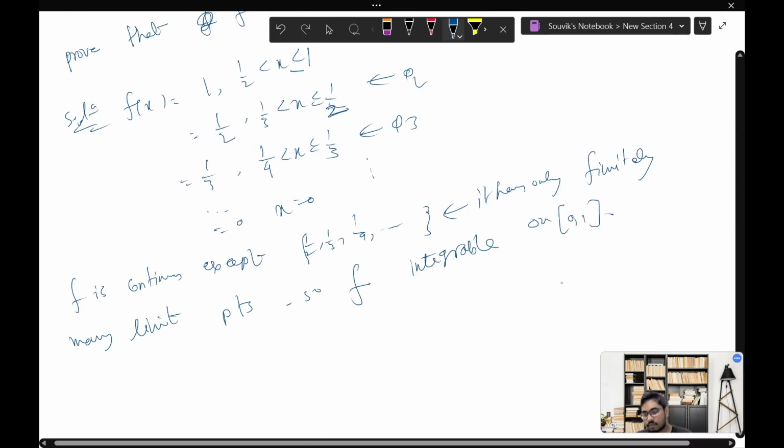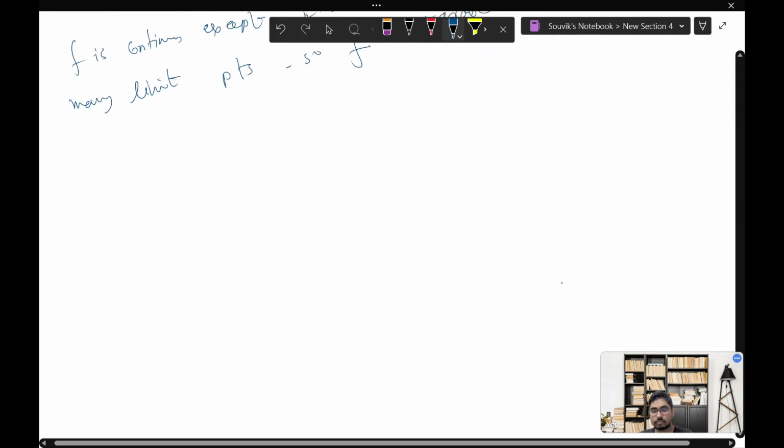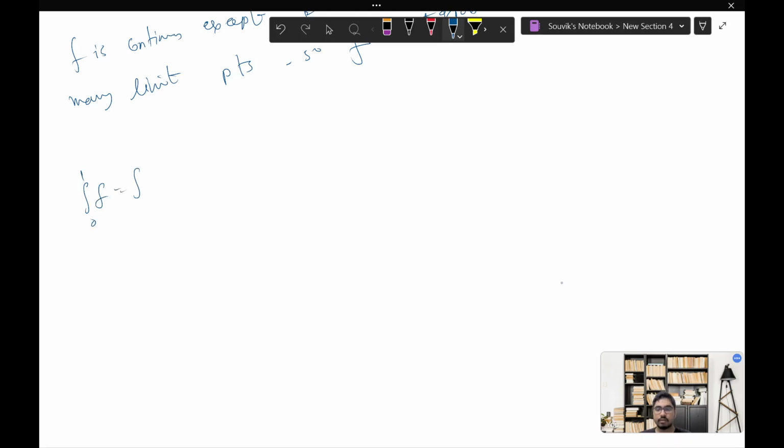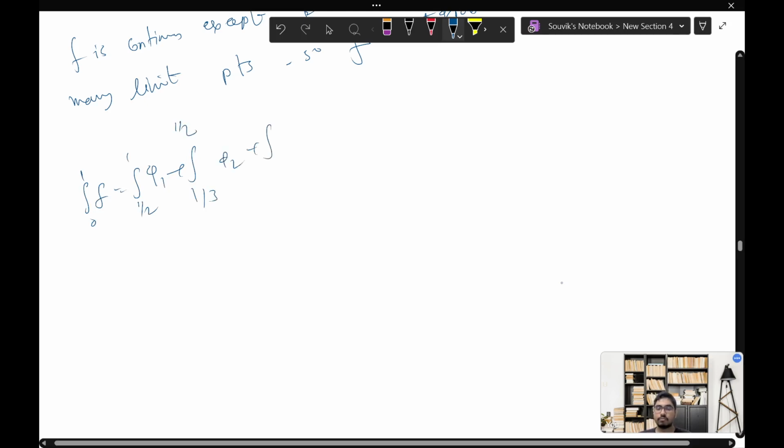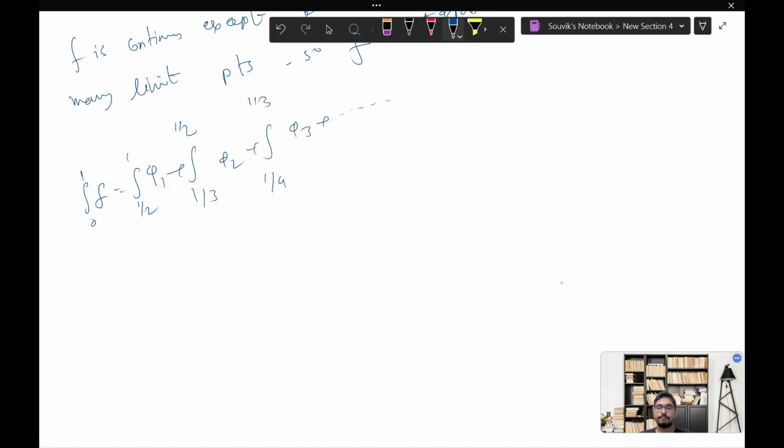So first of all, the integral from 0 to 1 of f is the integral of phi 1, plus phi 2, plus phi 3, plus dot dot dot.